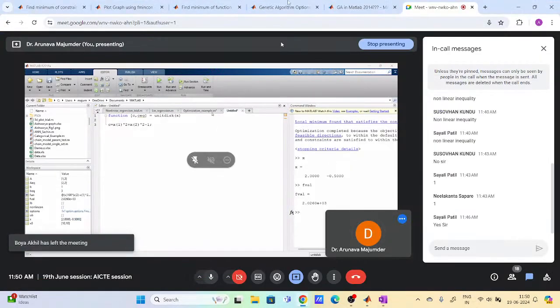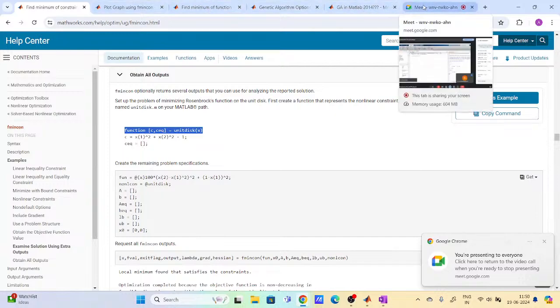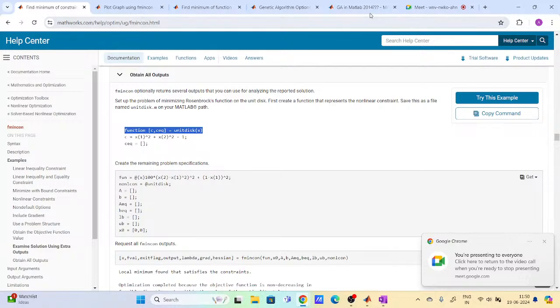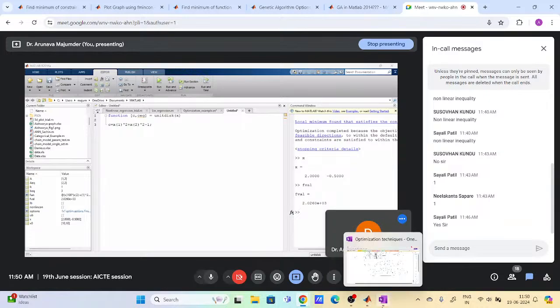Now what you do, ceq. How can you write ceq? There are two different outputs. One, c, is for nonlinear inequality. ceq is for nonlinear equality. So what do you do here for nonlinear equality?